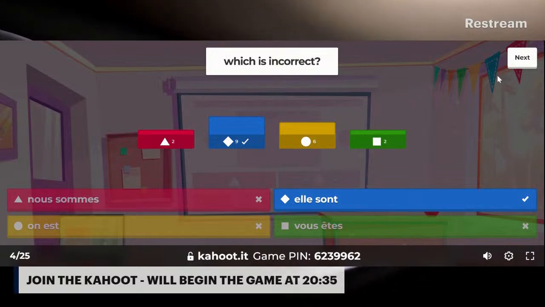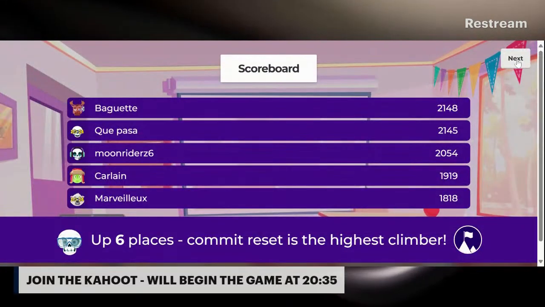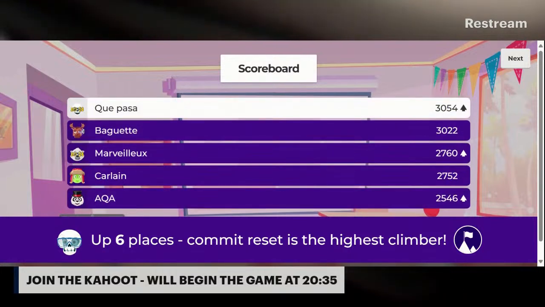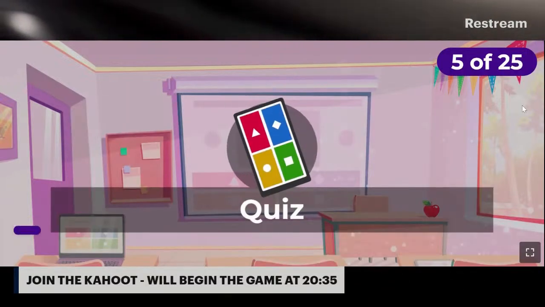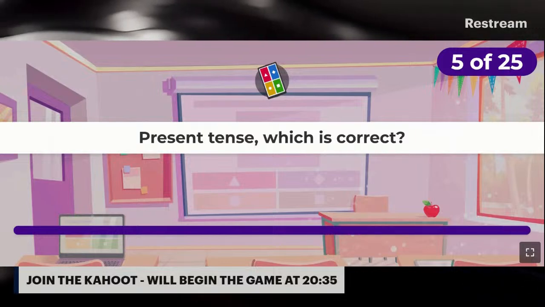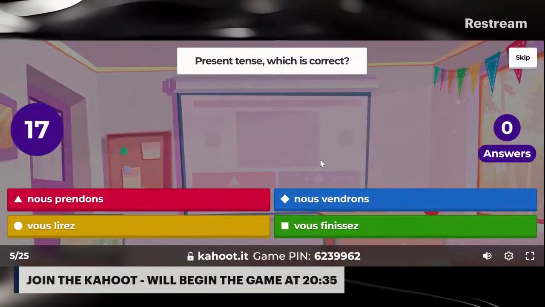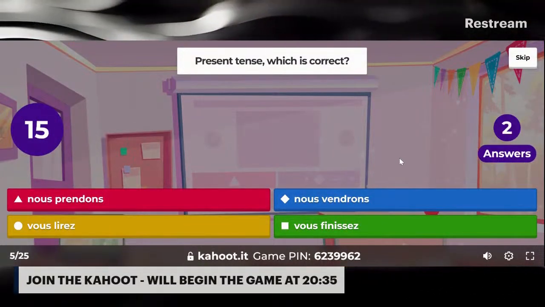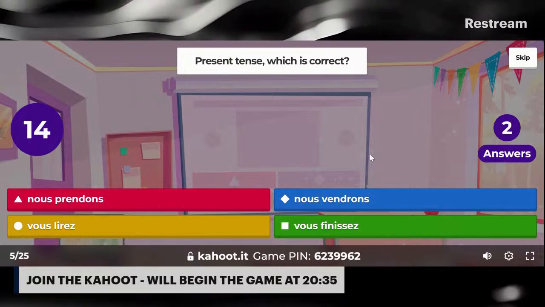But well done, 9 people got that correct, and some more in the chat. Present tense, which is correct? Nous prendrons, nous vendrons, vous lirez, vous finissez.